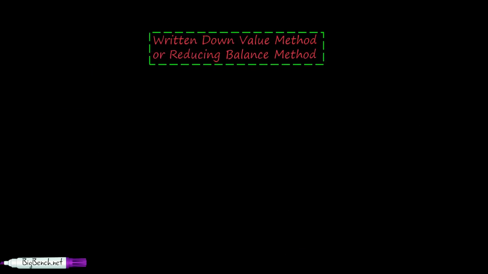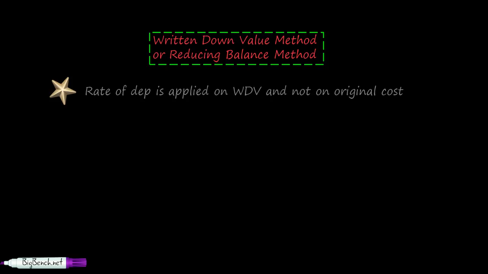Next, we are going to learn the next method, that is written down value method or reducing balance method. Rate of depreciation is applied on WDV and not on original cost. Few minutes ago we learned under SLM that the rate of depreciation is applied on original cost.